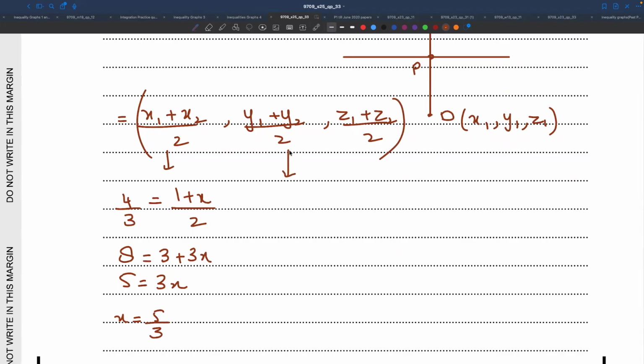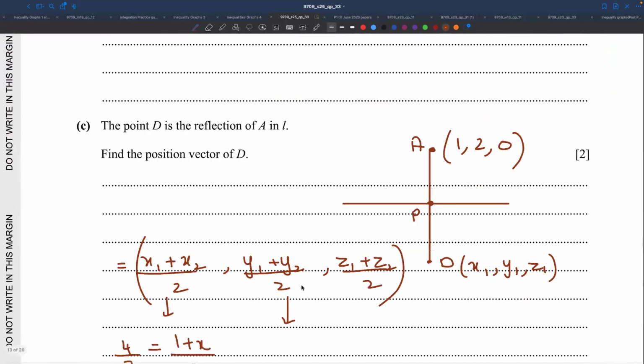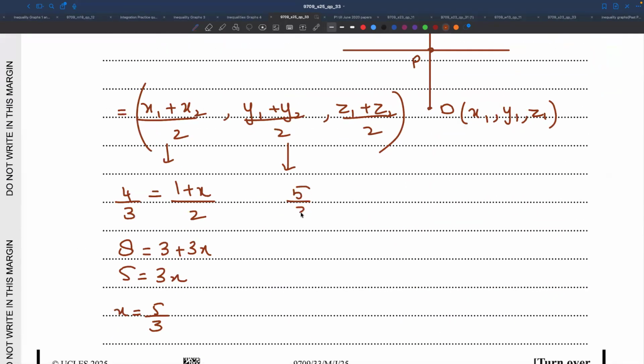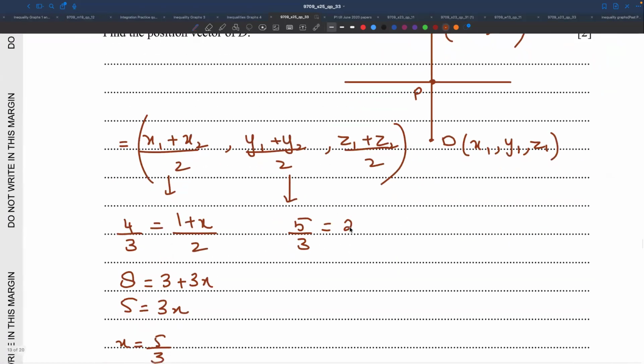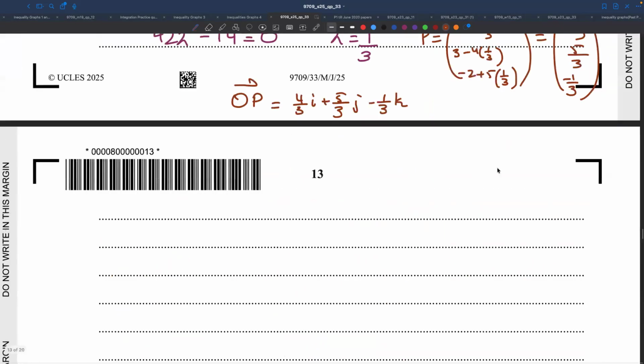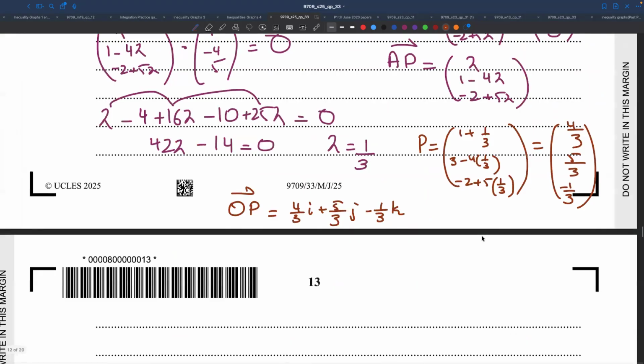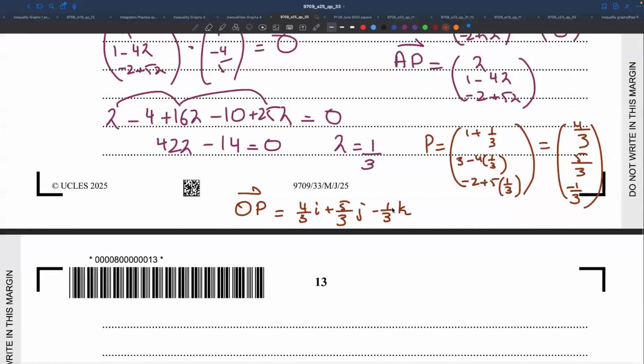Then the y coordinate of P, because P is the midpoint, is 5 upon 3. So 5 upon 3 is equal to 2 plus y upon 2. 10 is equal to 6 plus 3y. 4 is equal to 3y. y equals 4 upon 3. And finally, the z coordinate of P was minus 1 upon 3.